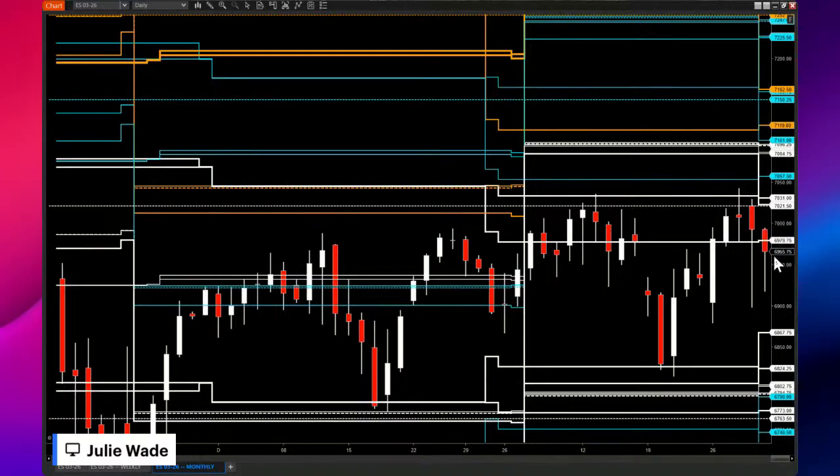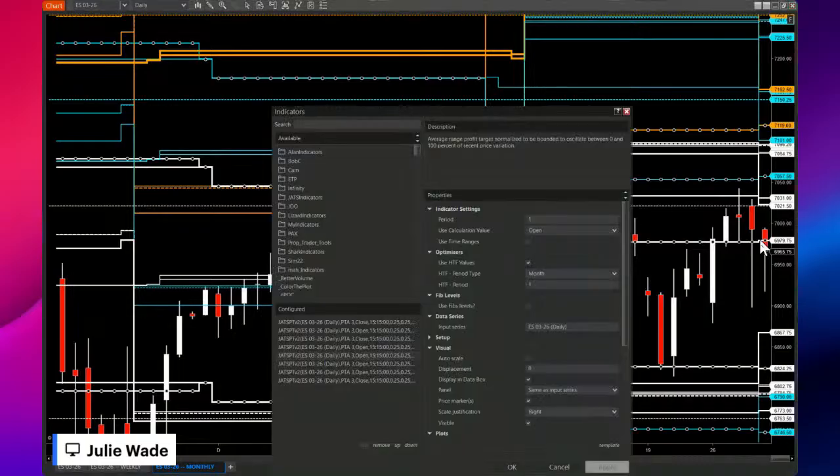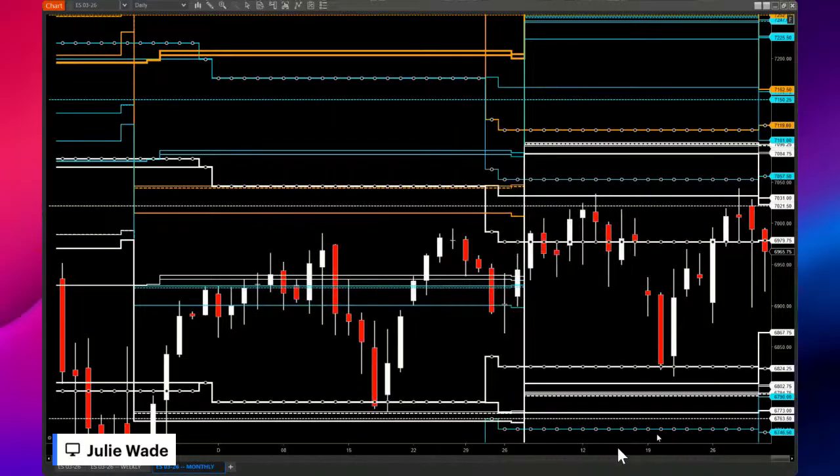So they're very close. So that's going to be another strong resistance. And we're below this white line here at 6979, 75, which is sort of acting like the quasi-mean for the month, isn't it? That's your monthly one.